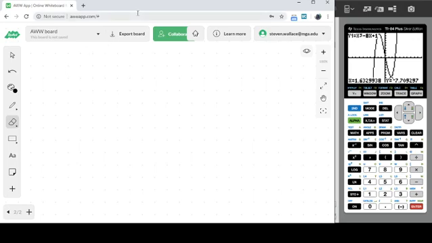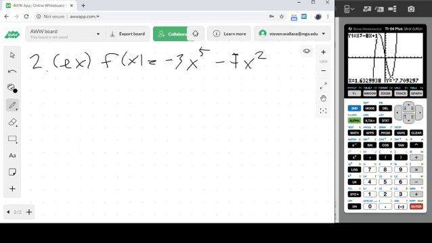So, for example, you could have f of x equals, say, negative 3x to the 5th minus 7x squared plus 2, okay?